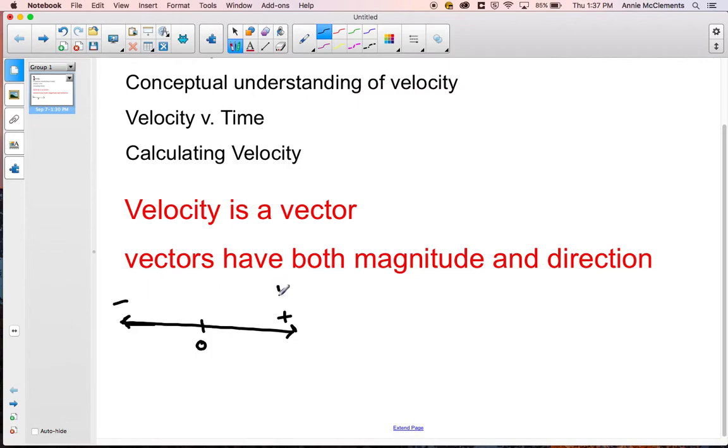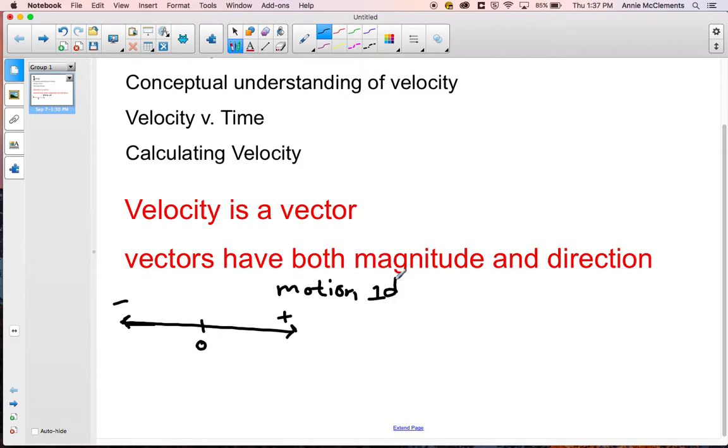So we're looking here again at motion in one dimension, right? As I said in the last video, one dimension just means that we're on one plane. We're not looking at motion side to side and up and down. We're just looking at motion side to side or up and down. We will get to the point where we start looking at motion in two dimensions, but that's not for a while.